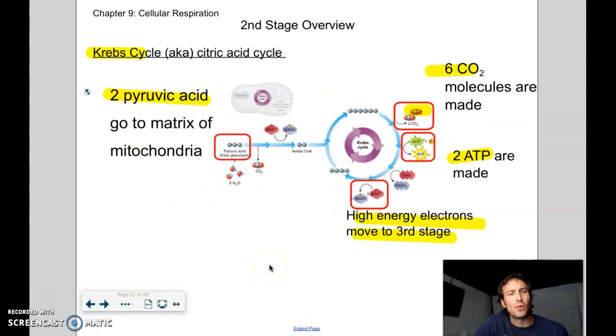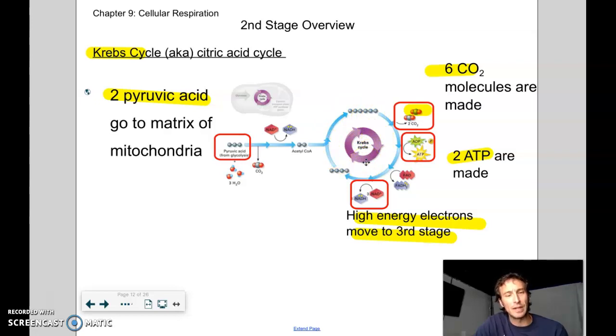So again, an overview, a lot of stuff going on in this simplified version, but you can see here's the pyruvic acid going in, here's some CO2 coming out, here's some more CO2 coming out, but also a fair amount of ATP. This process is slower because it is taking place in the matrix, in the membranes inside the mitochondria.